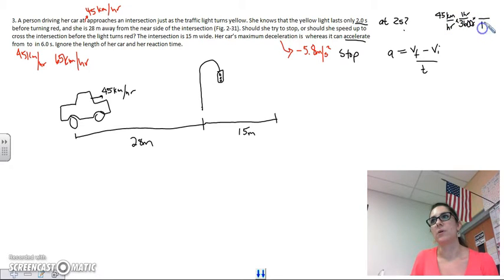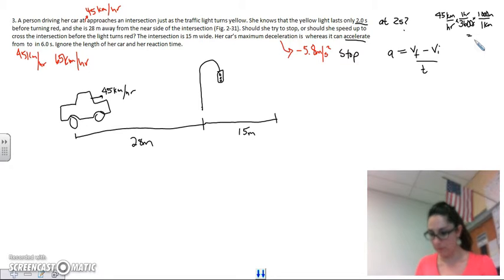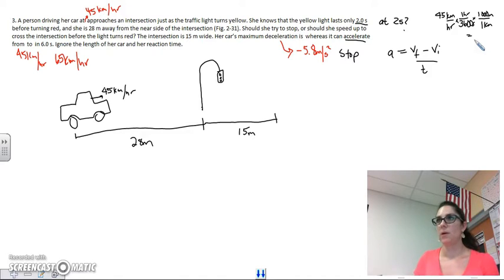Times in 1 kilometer, 1,000 meters. So that should give us meters per second. Good. So 45 times 1,000 divided by 3,600, what we get here is exactly 12.5 meters per second.